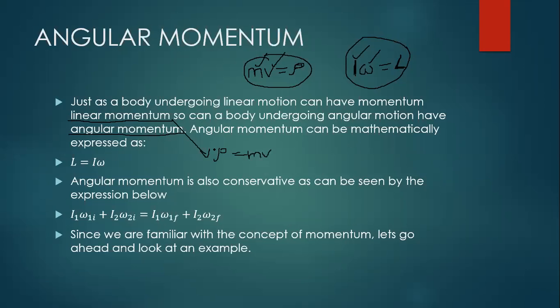But angular momentum is given by the symbol L, and instead of mass, we use the moment of inertia, and instead of velocity, we use angular velocity.